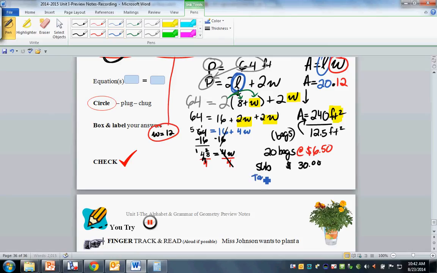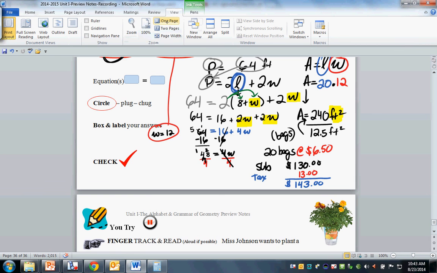Now your tax is 10%. So you simply take 10% of 130, and that's 13. So your total cost, my friends, for the cement in the patio is $143 total. There's your total.